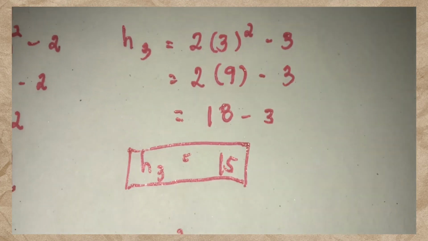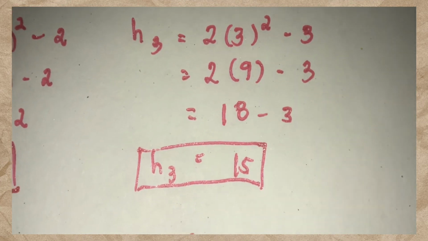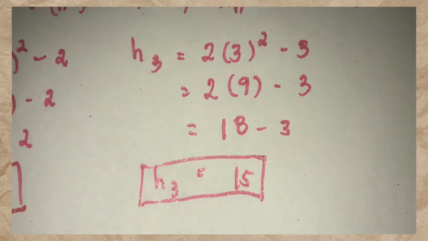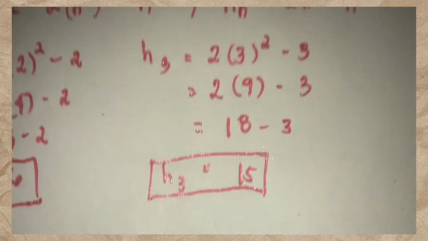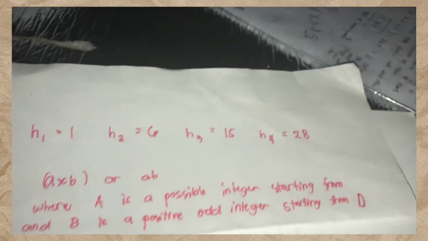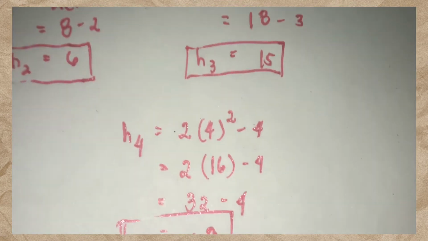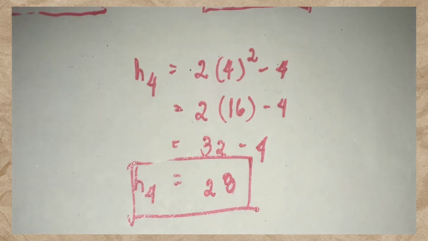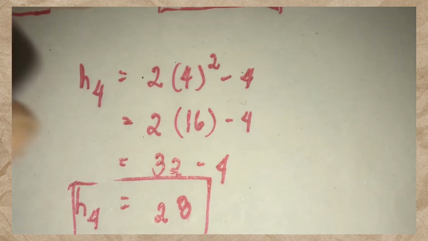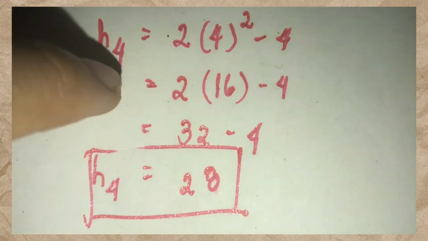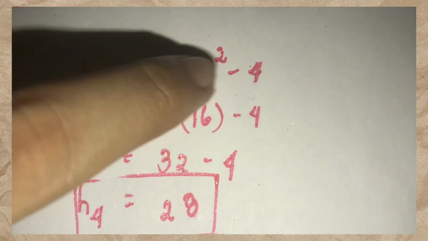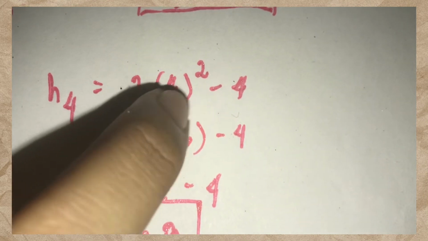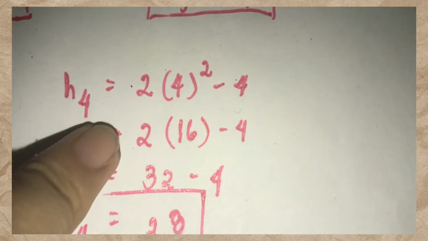So I predicted that the next pattern will have 15 dots, the same as this one. And towards the last pattern, which is the fourth one, same as before, copy the value of n, which is 4. Substitute 2 times 4 squared, minus 4.